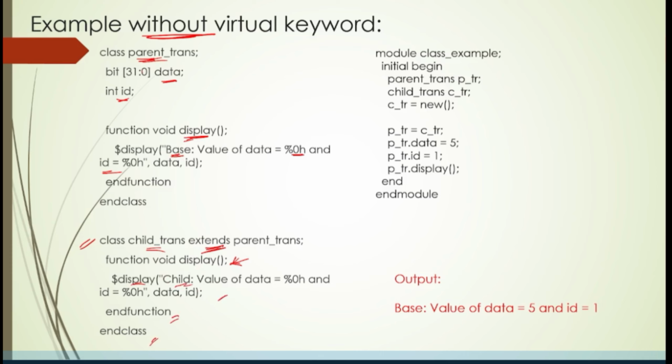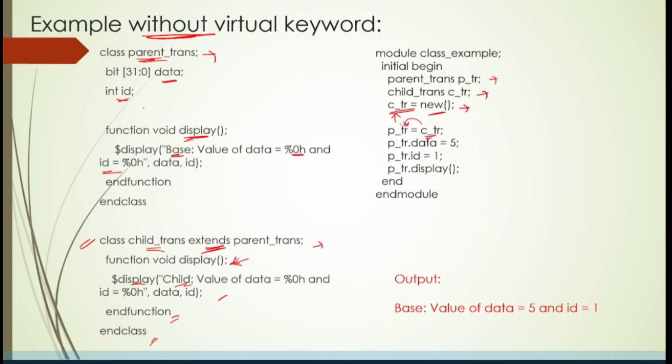Now within the module, I am taking the handles for my parent class as well as my child class. I have created the object for my ctr, which is new. After creating the object for my child class, I am assigning everything that is there in my ctr to ptr. That means whatever is there in my child class, I am giving everything to the parent class.